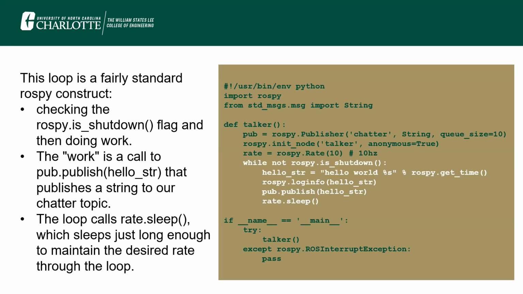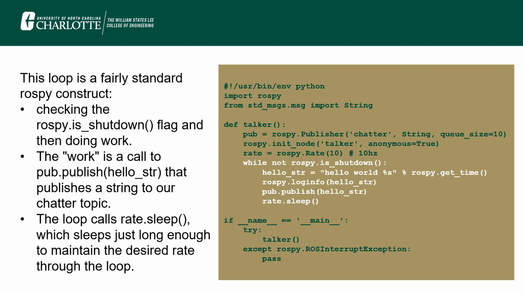So while rospy is not shut down, it's going to continue to run this. As long as the node's running, this while loop will continue to execute. We're going to populate a string that says hello world and then gets the time. And then we're going to call log info, which is going to print it onto the terminal. And then we're going to publish that string to our topic that we created. And then we're going to call rate.sleep.